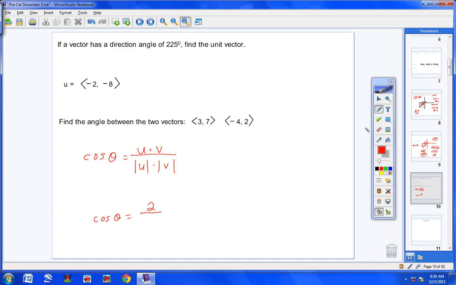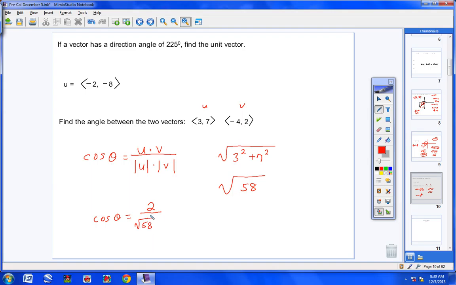Now, for the bottom of the fraction, it looks like we're looking for the magnitude of u. And I guess we'll call this u and this v, the magnitude of u. So we square the 3, we square the 7, we add them together and take the square root. 3 times 3 is 9, 7 times 7 is 49. 49 plus 9 is 58. I don't worry about reducing that because we're just going to multiply it anyways in just a second.